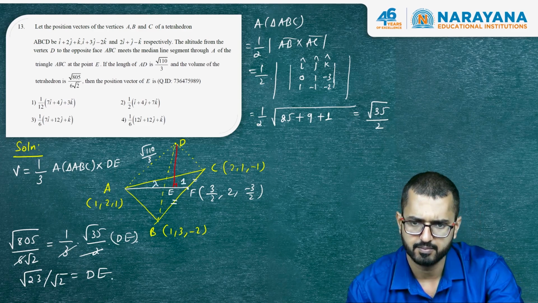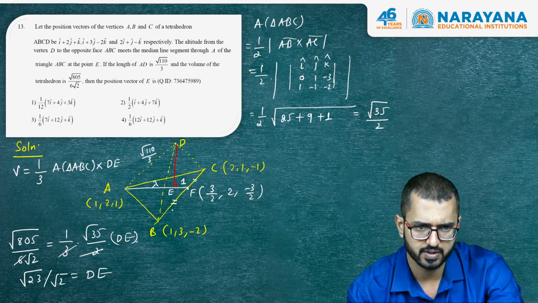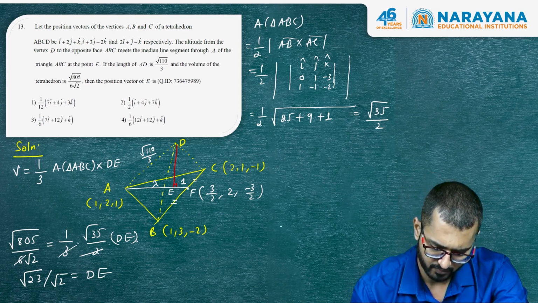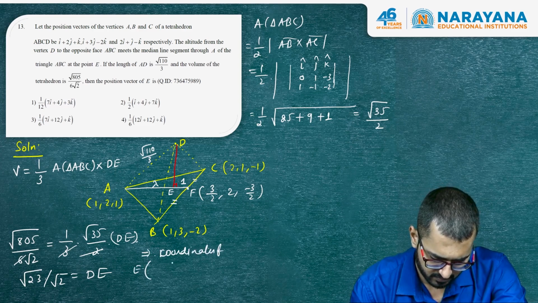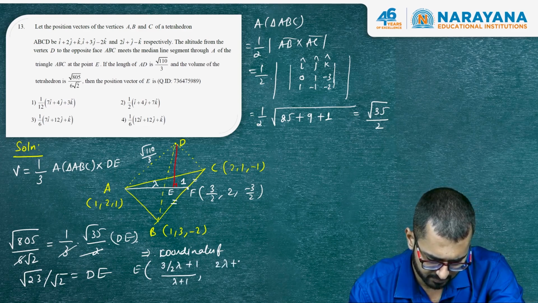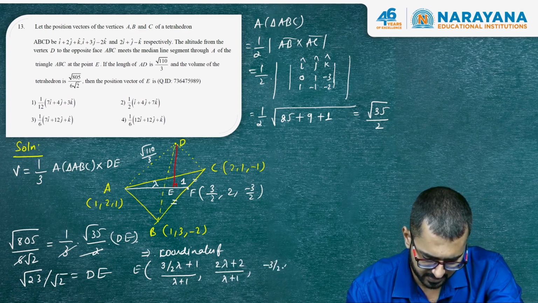So let's write the coordinates of E. The coordinates of E will look like this: (3/2 lambda plus 1) over (lambda plus 1), comma (2 lambda plus 2) over (lambda plus 1), comma (-3/2 lambda plus 1) over (lambda plus 1).